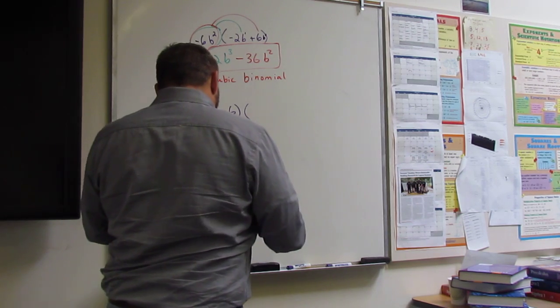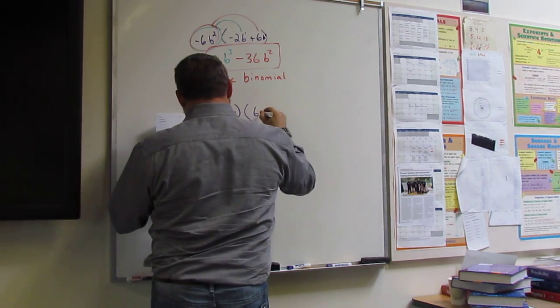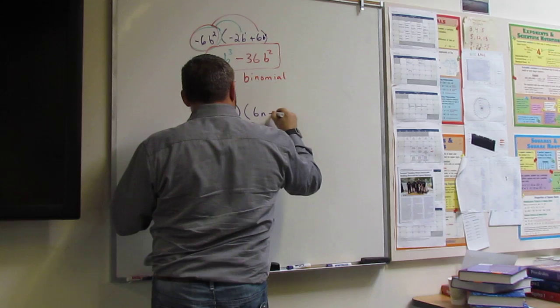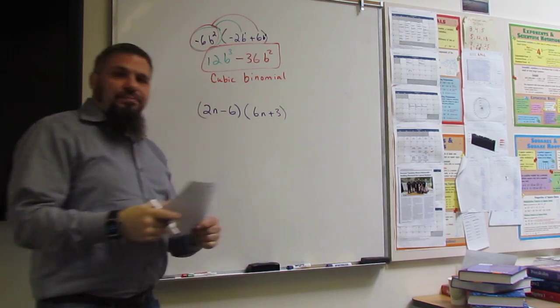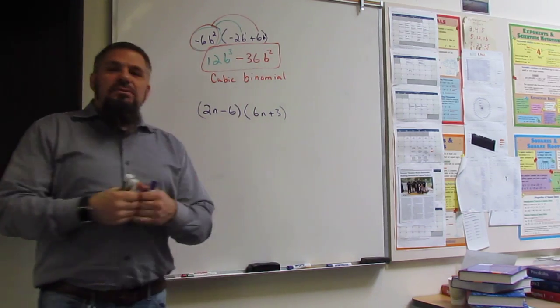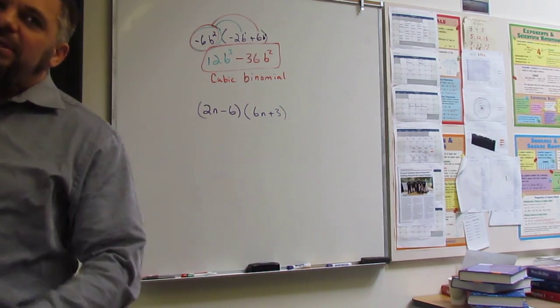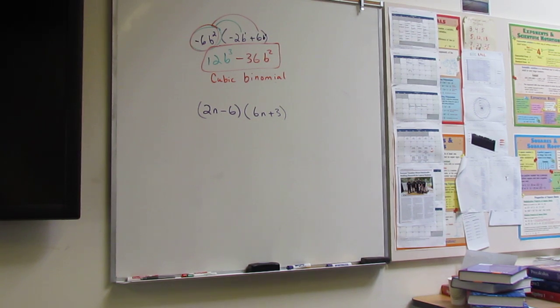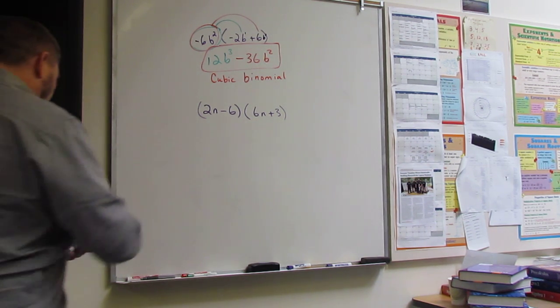Alright, 2n minus 6 times 6n plus 3. Okay? And so we're going to multiply these. And this is what I call a clamshell because you go on the top and you do the bottom, right?